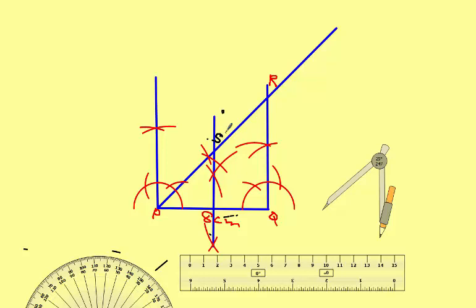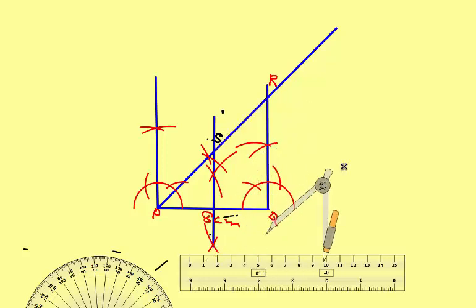Good. That's point S. So with S as a center, S should be our center. So this is our center S. And a radius of 3 centimeters.